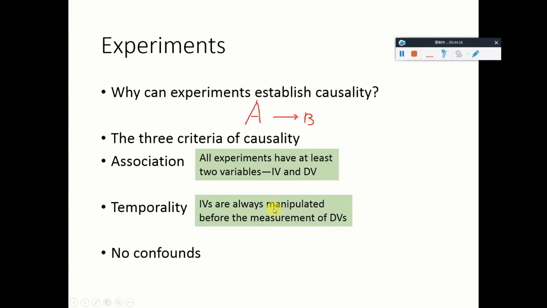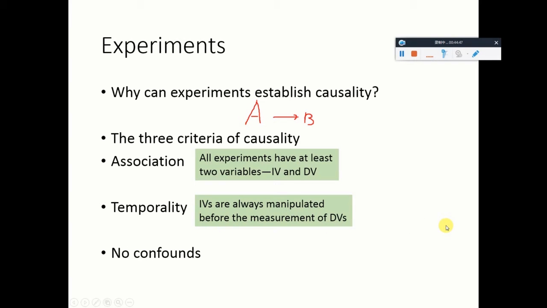And that's exactly why manipulation is such an essential feature in experiments, because if you simply ask people to report, for example, how many hours they spend studying, this report can actually come after they report a value for the DV, for example, their GPA. So in that case, GPA actually comes first and the time they spend studying comes later.